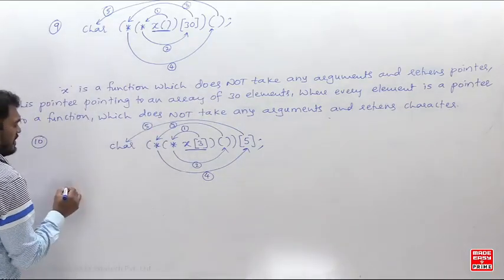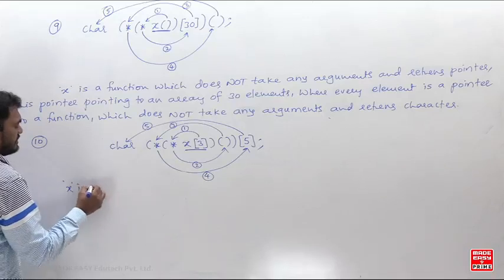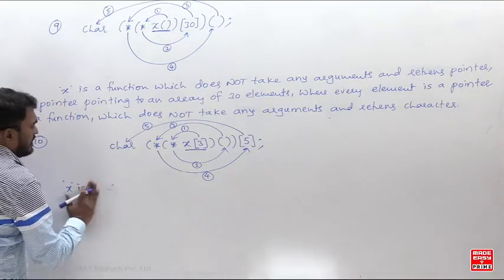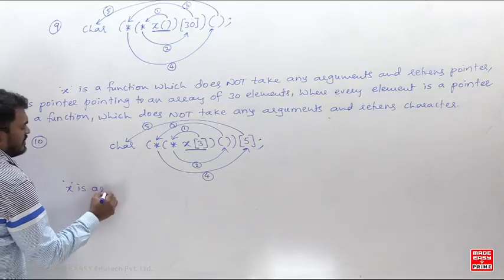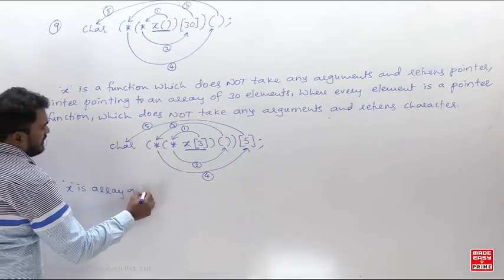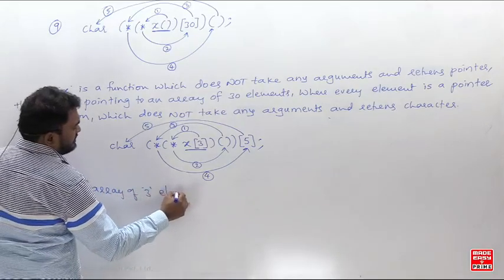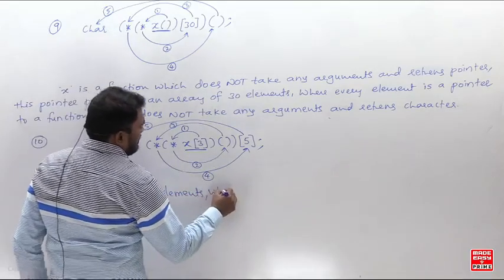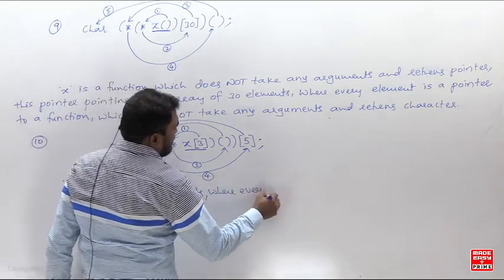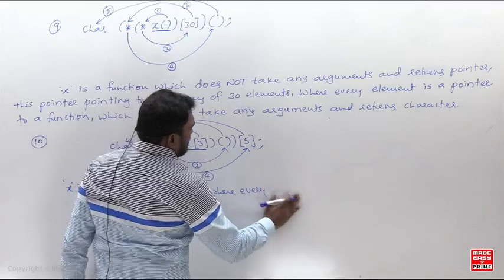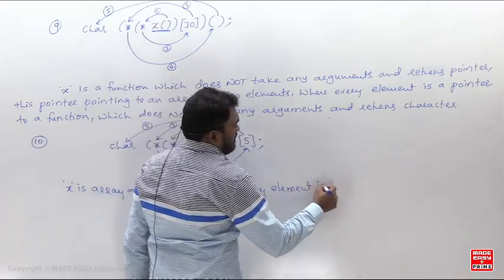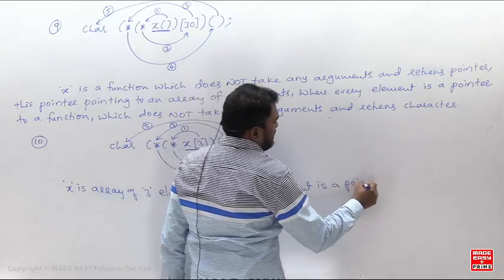So I'm writing here. So x is a function. Sorry, x is an array. X is an array of 3 elements where every element is a pointer.